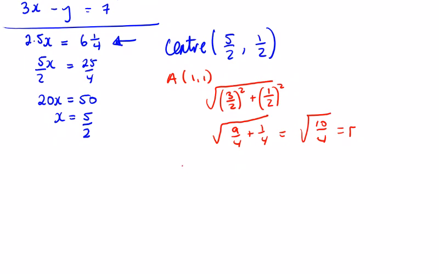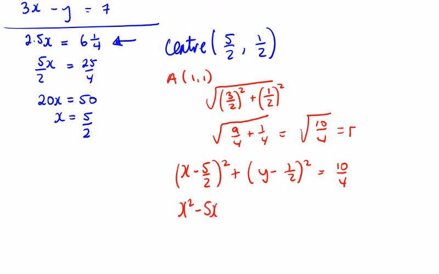So the equation of this circle is (x - 5 over 2) squared plus (y - 1 over 2) squared is equal to 10 over 4. Let's simplify it out and see what it looks like in long form. I'm going to get x squared minus 5 over 2 x twice, which is minus 5x, plus 25 over 4, plus y squared minus a half y twice, which is minus y, plus 1 over 4.